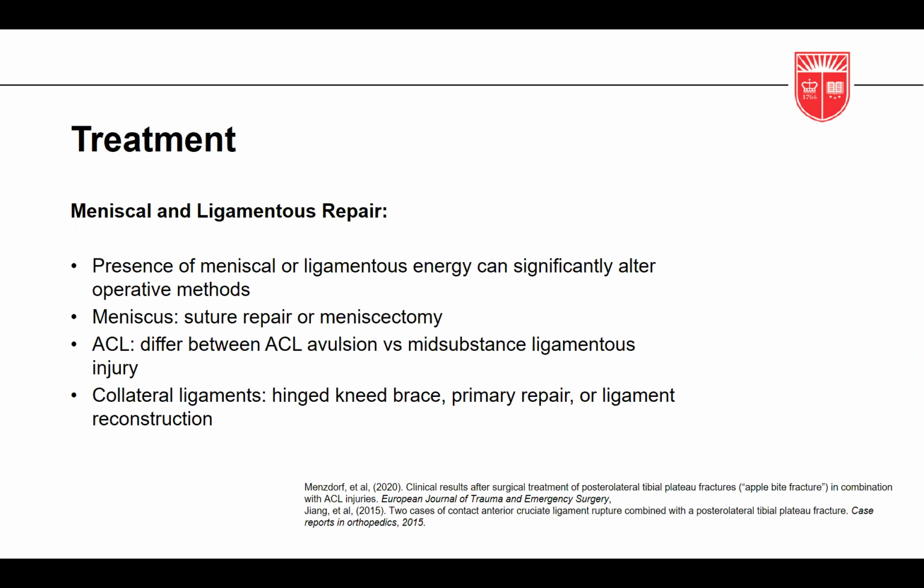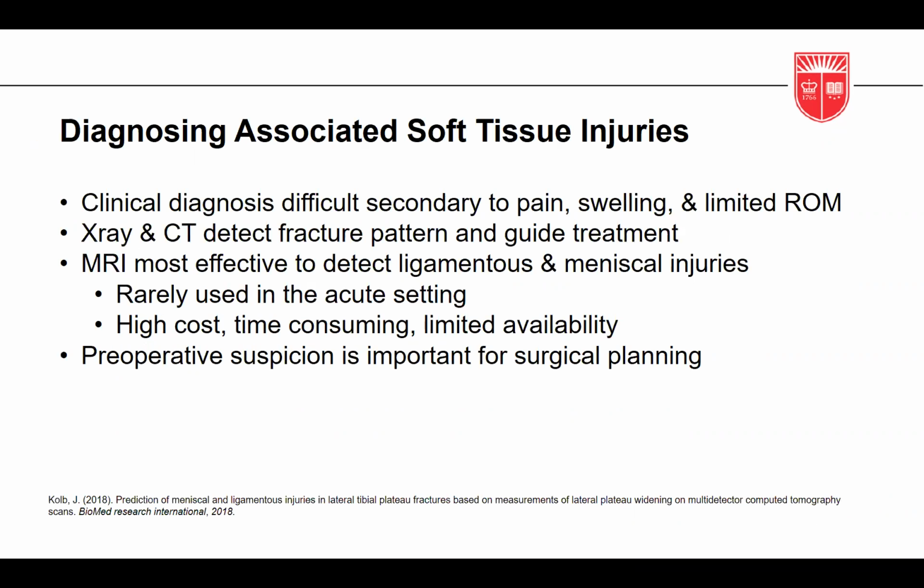Okay, good. Is there any difference between treating the fracture and dealing with a meniscus later on? Yes. Some of the outcomes that I read show that if you were able to treat the meniscus at the same time as the plateau ORIF, it did have better long-term outcomes.